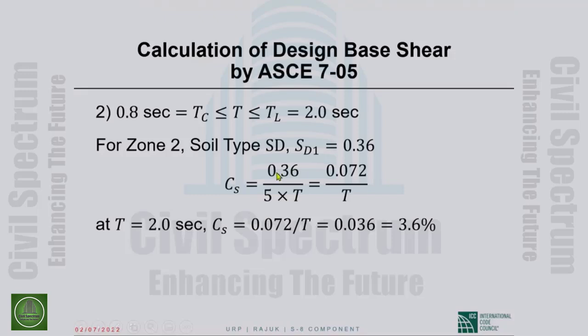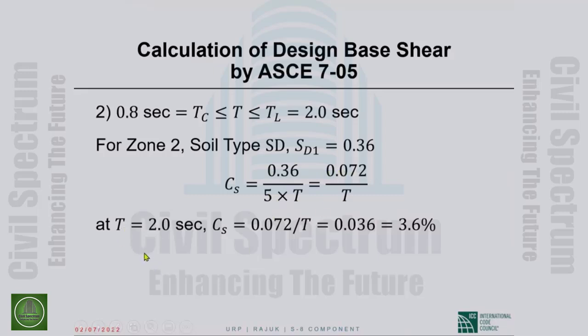S sub D1 is 0.36, R is 5, T is T, so 0.36 divided by 5 gives us 0.072.